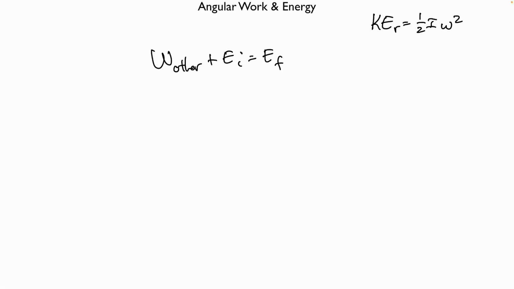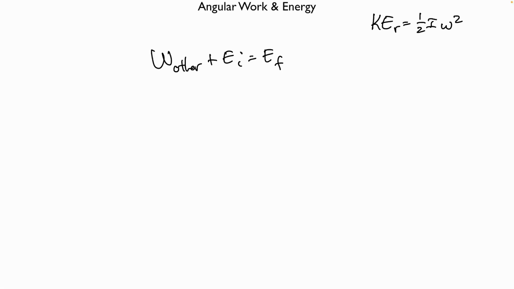What did we always put into work other? If it wasn't a spring and it wasn't gravity, it went into work other, right? So all frictions went into work other, didn't they? What kind of friction is this again? Static. This does not go into work other.